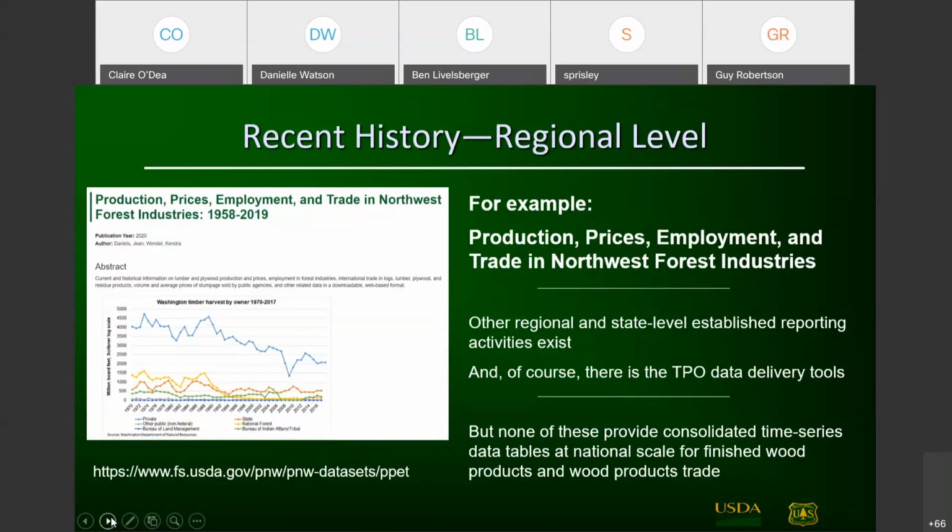Okay, good. Also I should point out that there are a number of regional reporting efforts, some of which I'm aware, others not. But the one that I'm most aware of is the quarterly report out of the Pacific Northwest. I believe Gene Daniels is on the call today. And Gene was instrumental in keeping that together after Deb Warren retired. In my case, it was a Bible, basically. I spent a lot of hours working with those reports back in the 1990s, and it has been going on for a long time now.